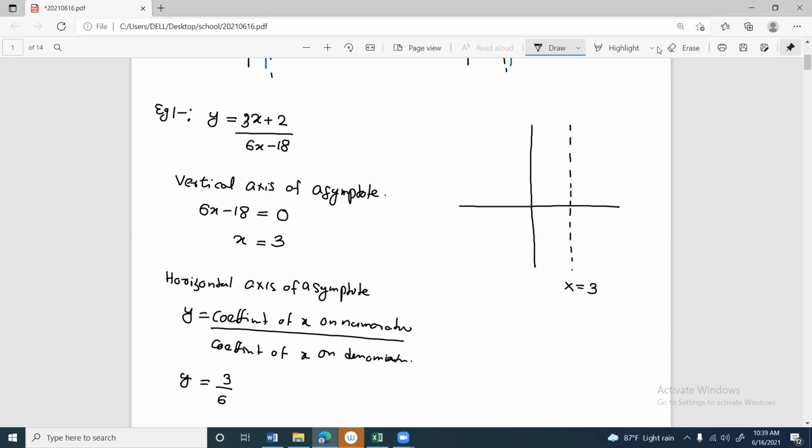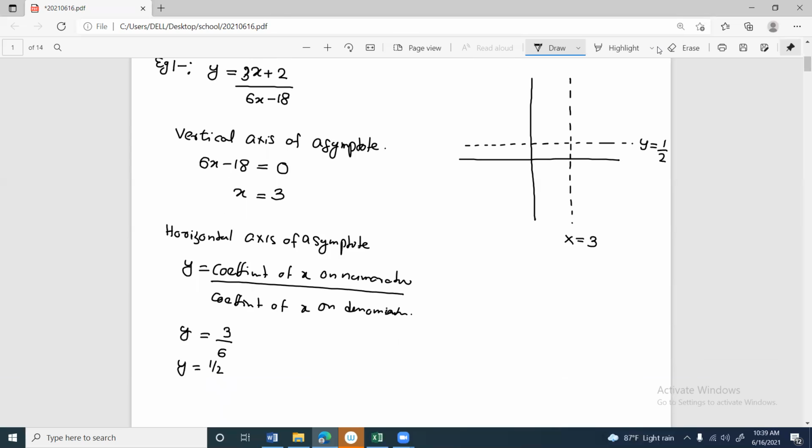So y equals 1 over 2. Then we can draw that line, it does not have to be drawn to scale. That is the fact we need to get.